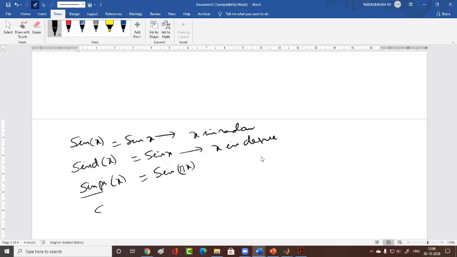So suppose if you want to know the sine of 7/2 pi value, then what is the procedure? Sine pi of 7/2 is nothing but sin of 7 pi by 2. Okay, we will discuss all these things now, then we will discuss the remaining.